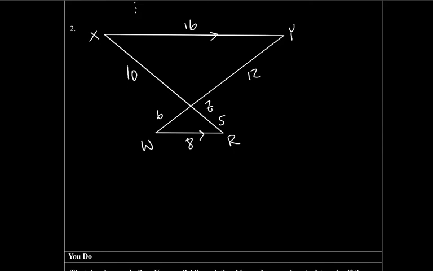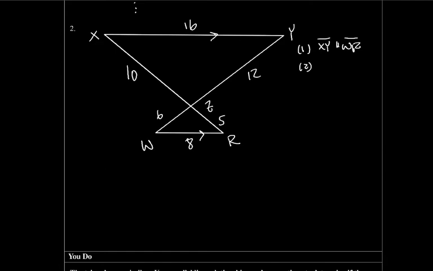Okay. So, you might notice some things. For one thing, we know XY is parallel to WR. Let's see, XY, WR. Are they related? Well, one of them is twice the other. How about, let's see, we have a 6 here. We have a 12. 12 is twice 6. And then 10 is twice 5. So we already do have that.